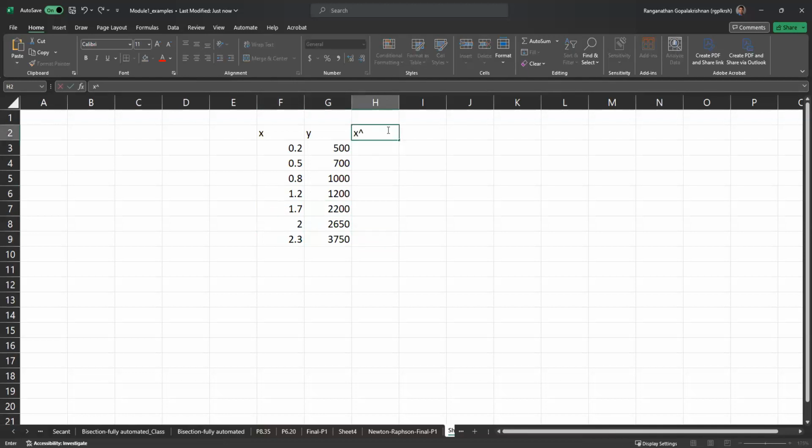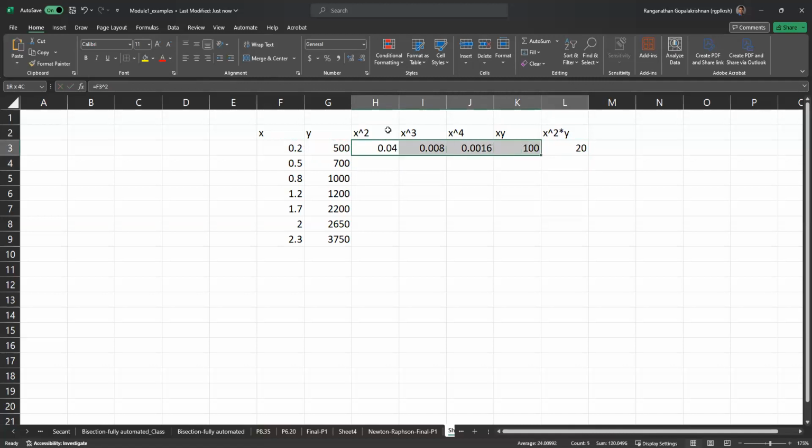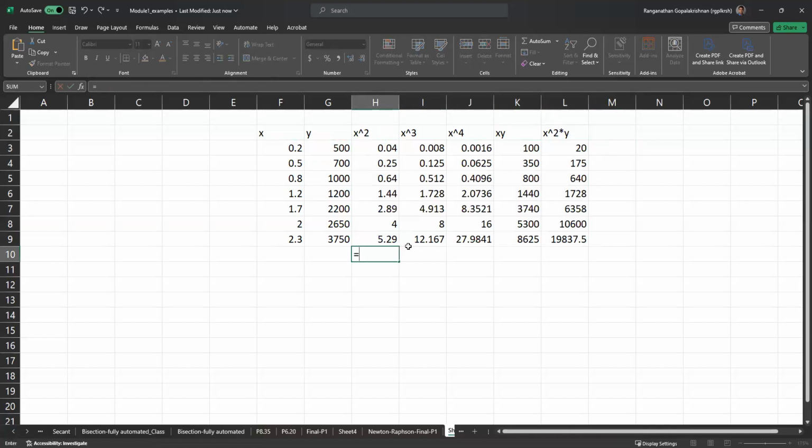So I want x squared, x cubed, x to the fourth, xy, x squared times y. Straightforward: square it, cube it, raise it to the fourth power, multiply x and y, square the x and then multiply by the y. Very easy. Drag it down and then do summation, sum.